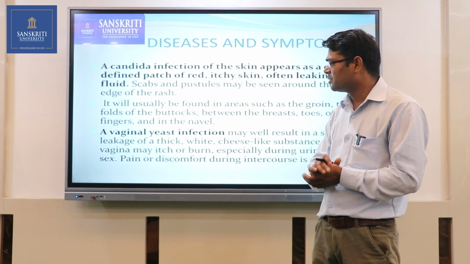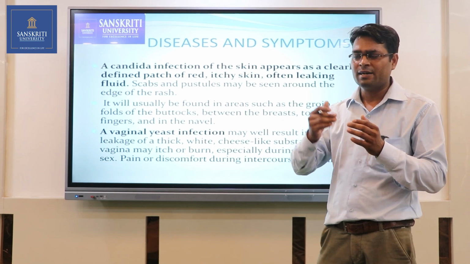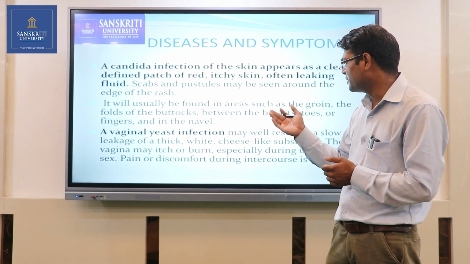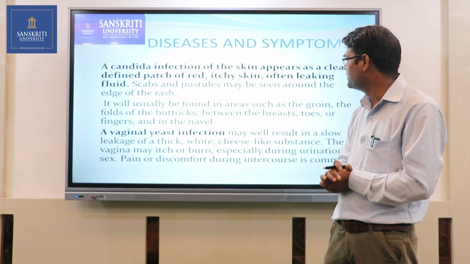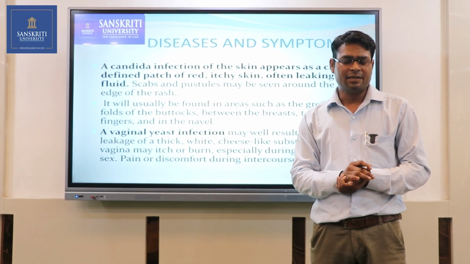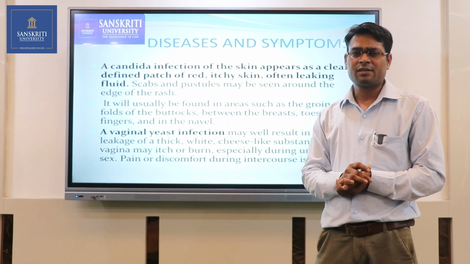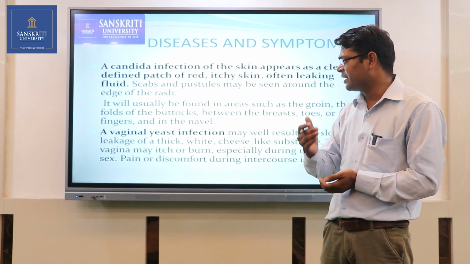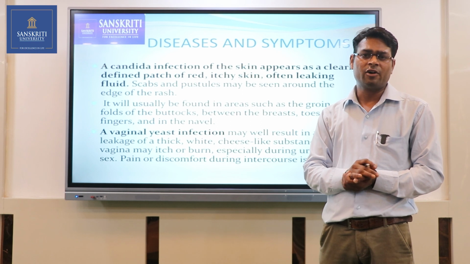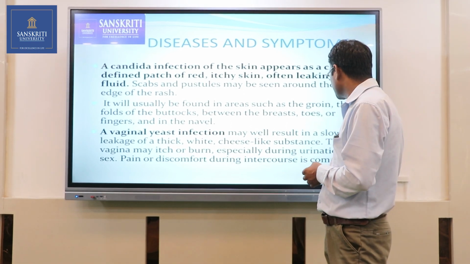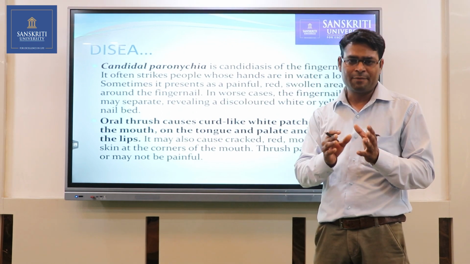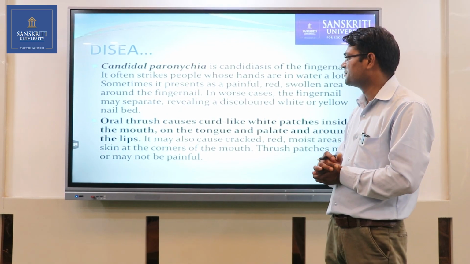They are also found on the buttocks of the patients, and these infections can be seen in between the breasts. Red patches on the buttocks, in between the breasts, in the vaginal region, or in the lower vest region. These cheese-like structures or red patches can be observed.